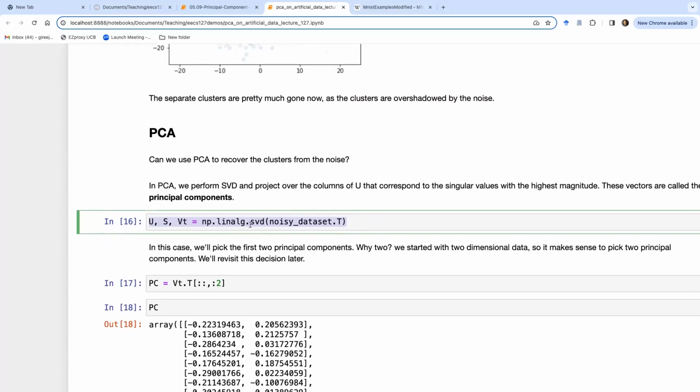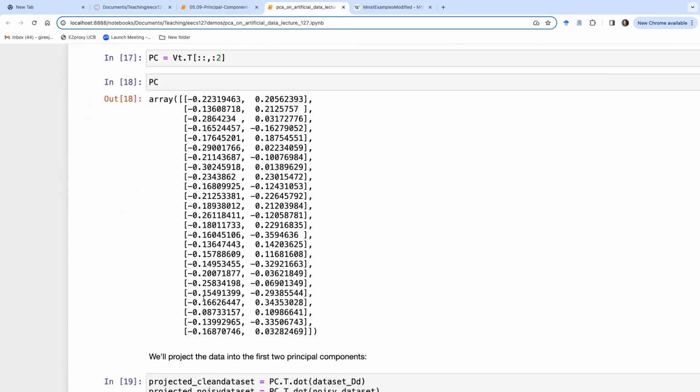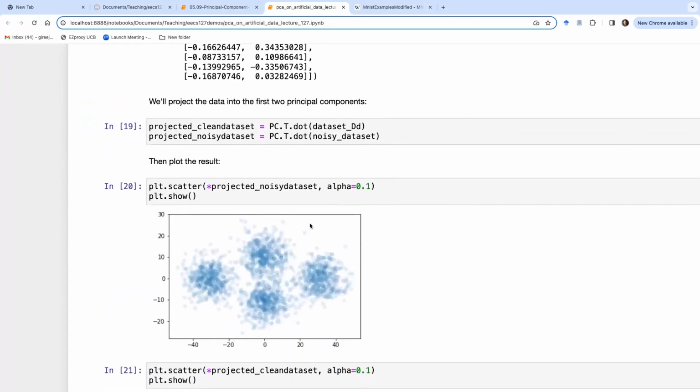And I do the SVD, and so I get out my V basis. I take the 2 columns of V, and I project back down along those axes.